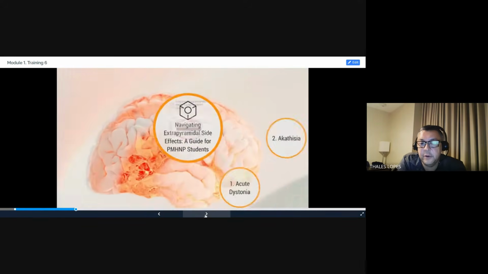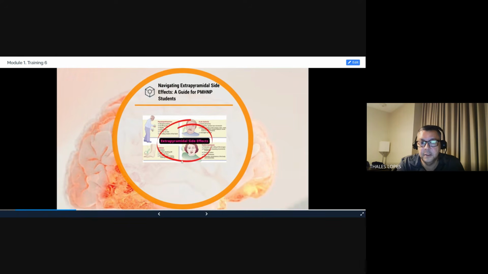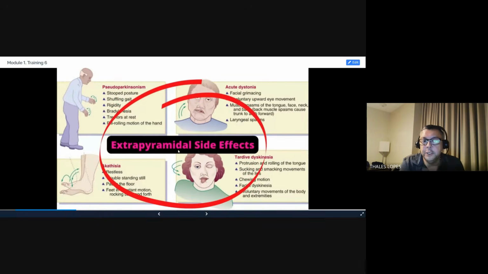Now, because you have the blockade of dopamine, less dopamine is available, and it could lead to extrapyramidal side effects, or EPS, which are Parkinsonian-like symptoms, acute dystonia, TD, and akathisia.